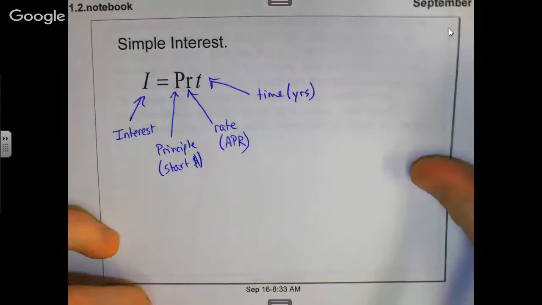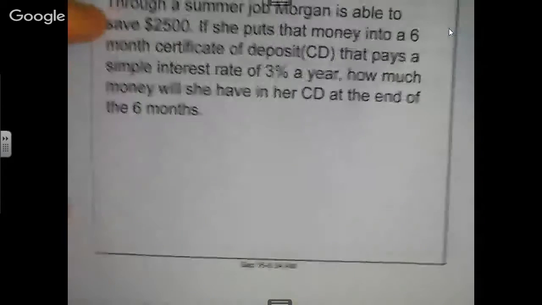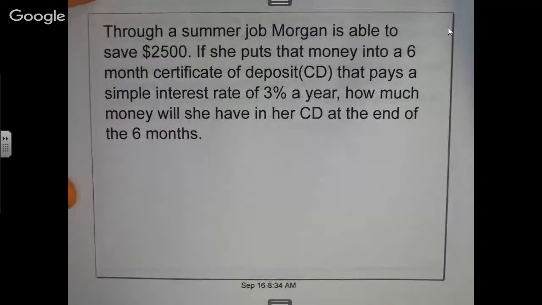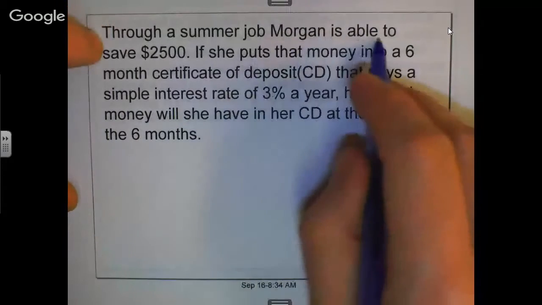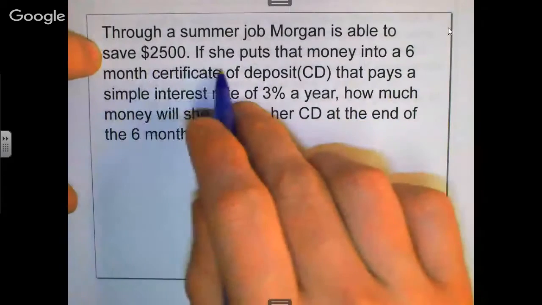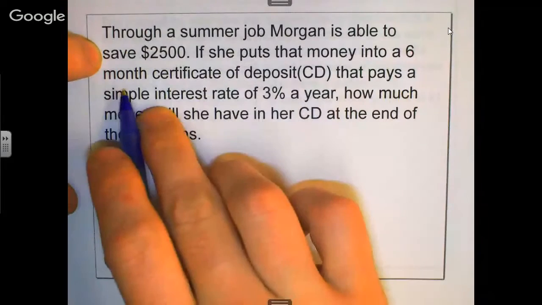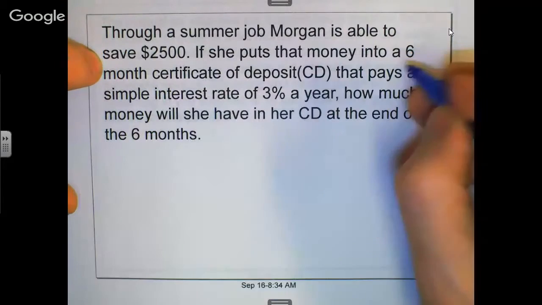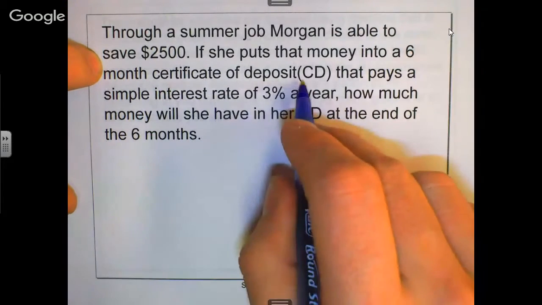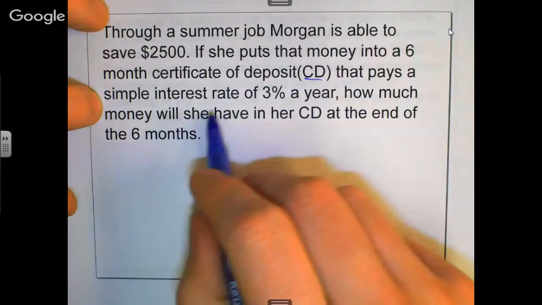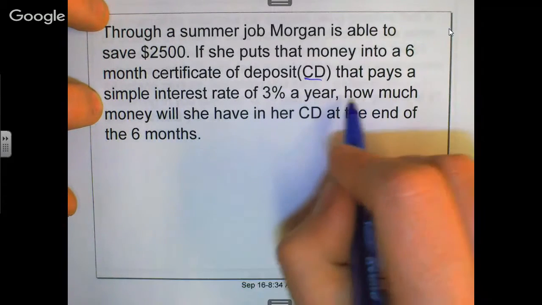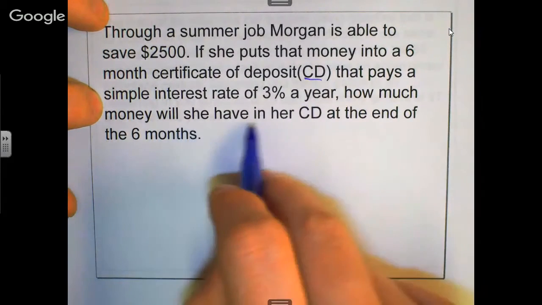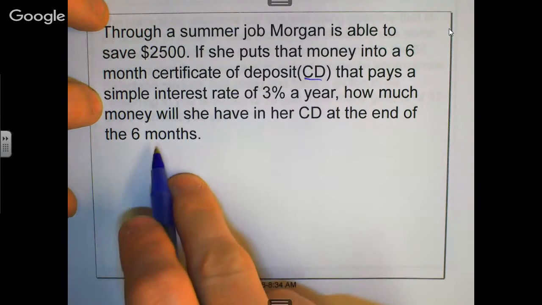Okay? So if we look at a problem with interest, through a summer job, Morgan is able to save $2,500. If she puts that money into a 6-month certificate of deposit, CD, that pays a simple interest rate of 3% a year, how much money will she have in her CD at the end of 6 months?